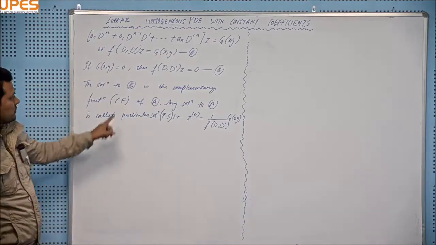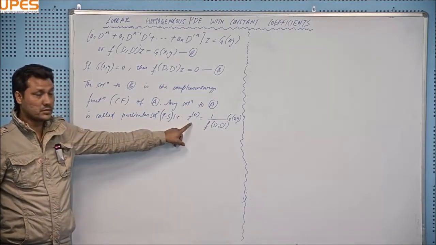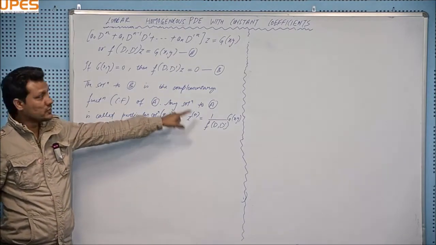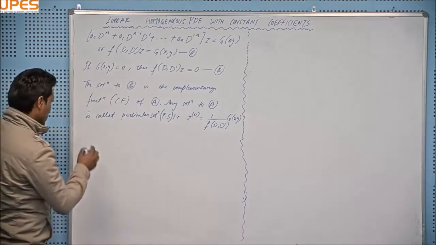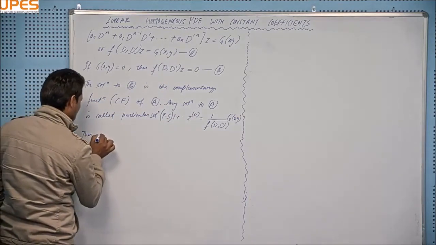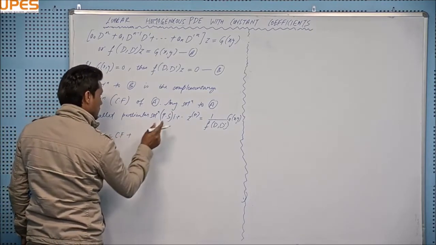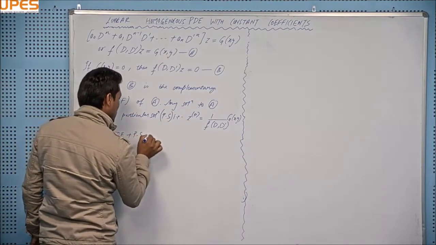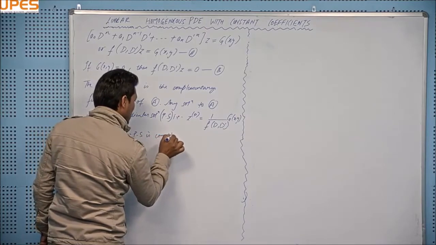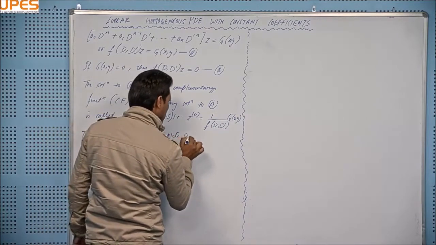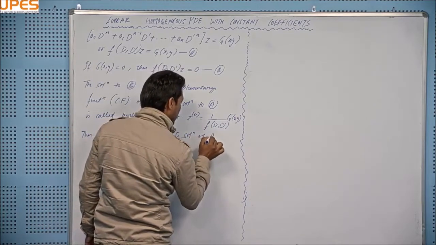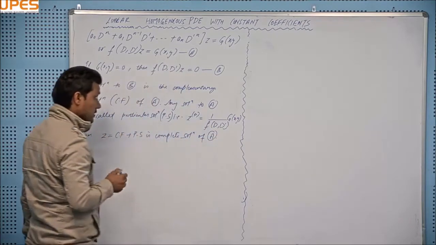Then the sum of these two, complementary function and particular solution, is the complete solution of equation number 1. Then z is equal to complementary function plus particular solution is the complete solution of A, right?